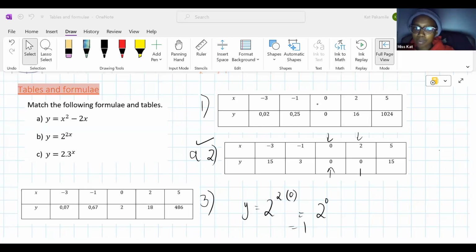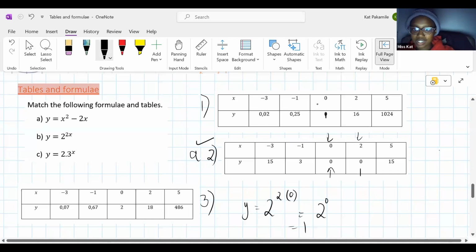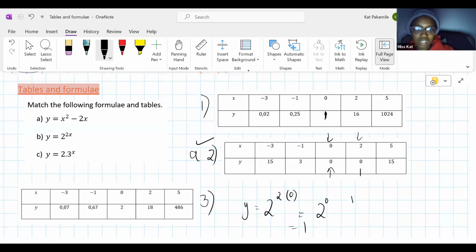This is supposed to be 1, isn't it? Yeah. And then let's check with a different one. If y is 2 to the power of 2 times 2, which is 4, that is 16, that is correct. So this one is a B, which means the last one is a C. And that concludes our lesson.